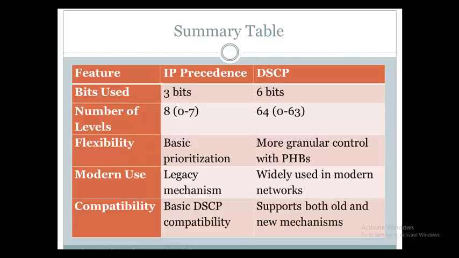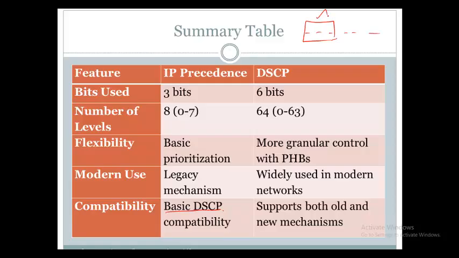Yes, DSCP and IP precedence are compatible because IP precedence is nothing but basic DSCP. In DSCP you have 6 bits, and this 3-bit part is the basic DSCP, IP precedence. IP precedence is only 3 bits.